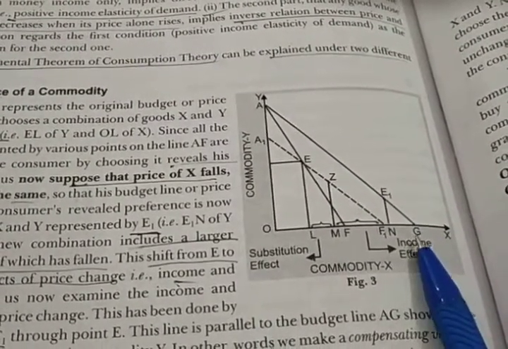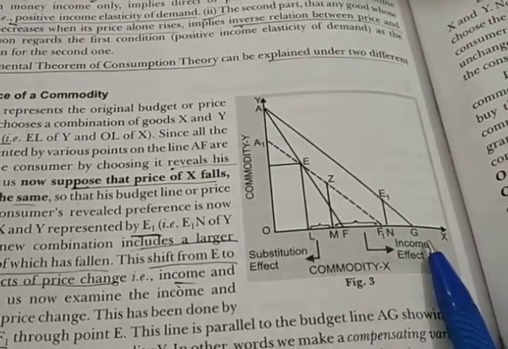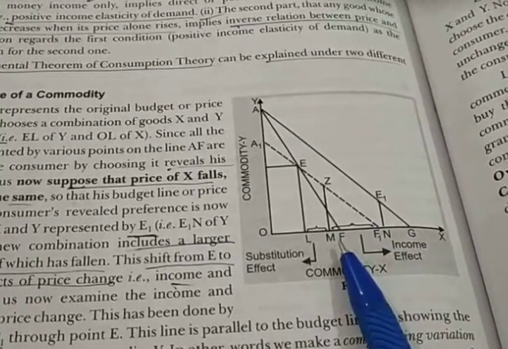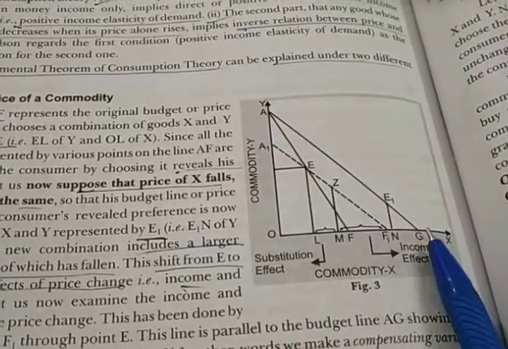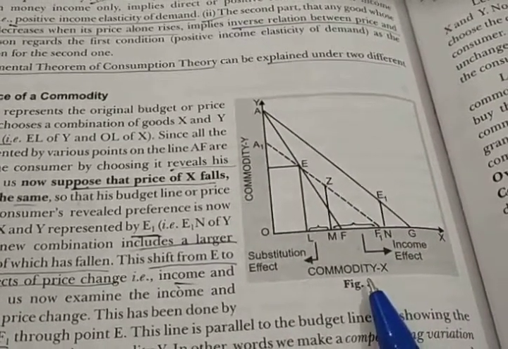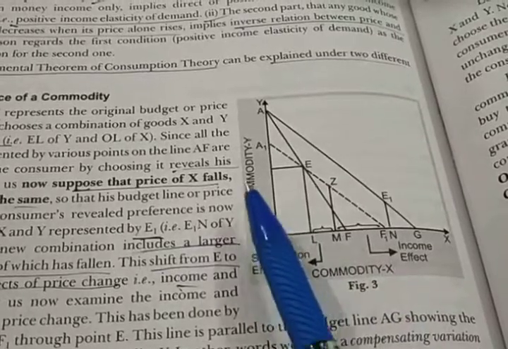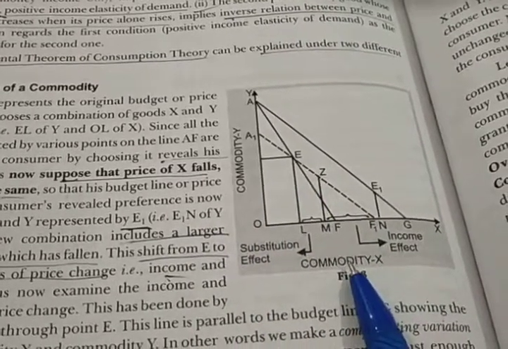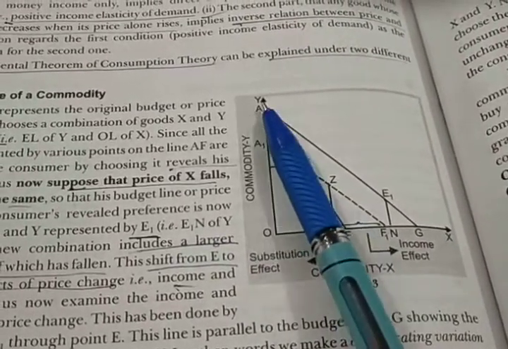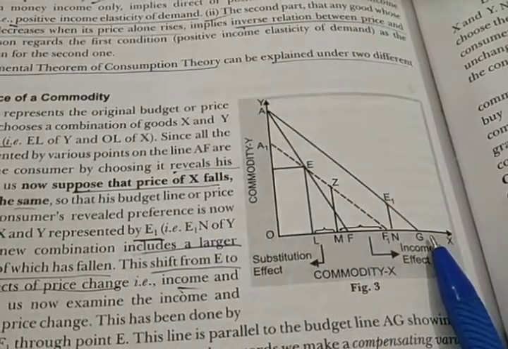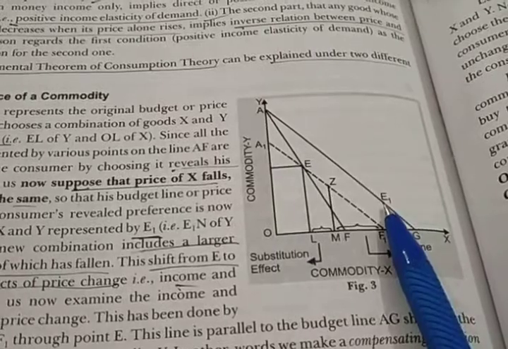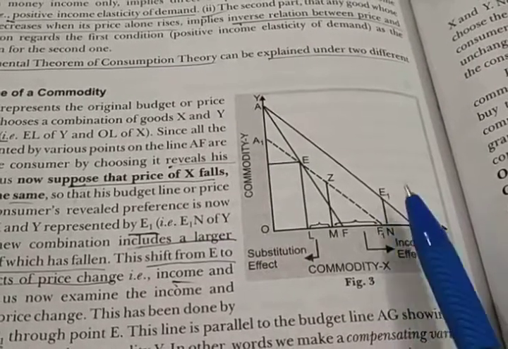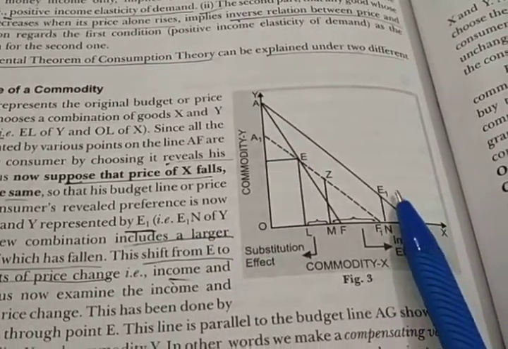We have studied this concept in indifference curve analysis. So this price line will shift outwards to AG because the price of X good has fallen, whereas the price of Y good has remained the same. Now when the price line becomes AG, suppose the consumer chooses the combination E1.